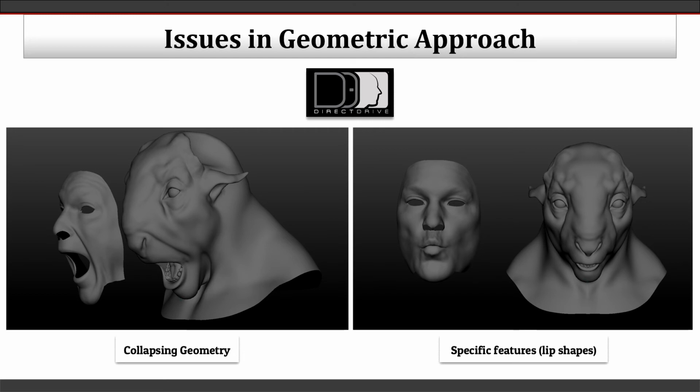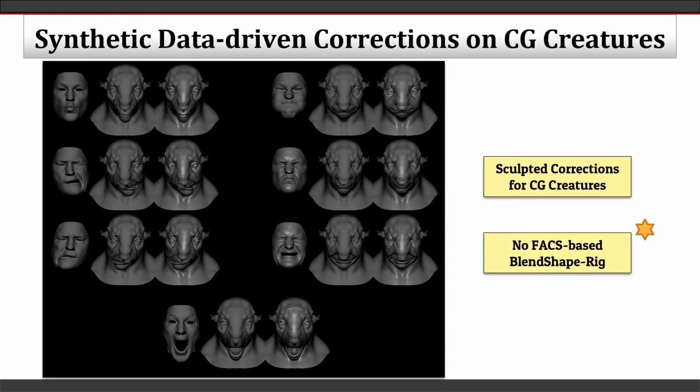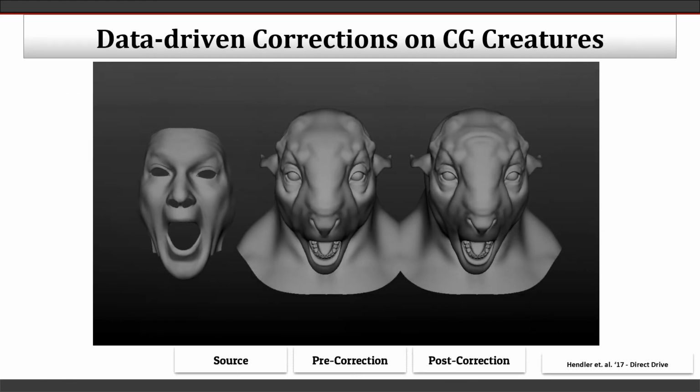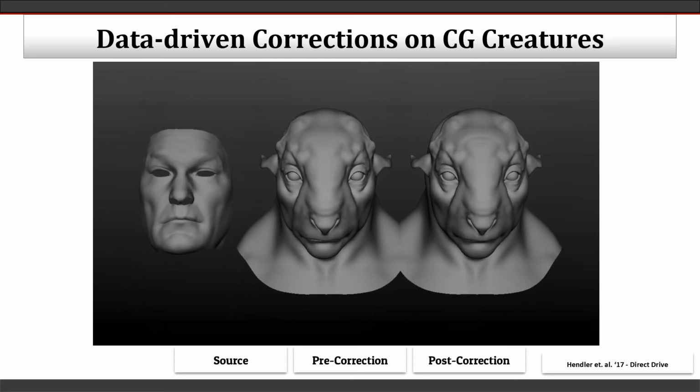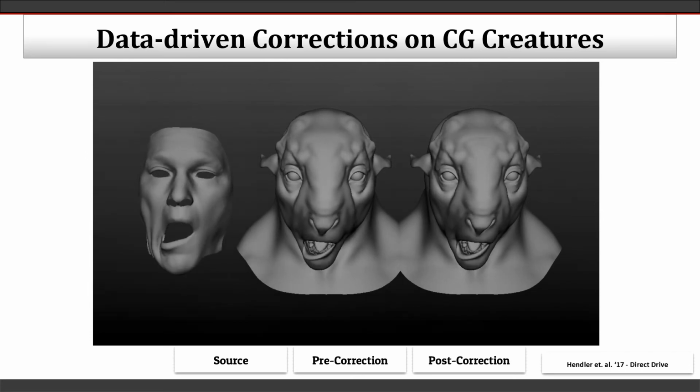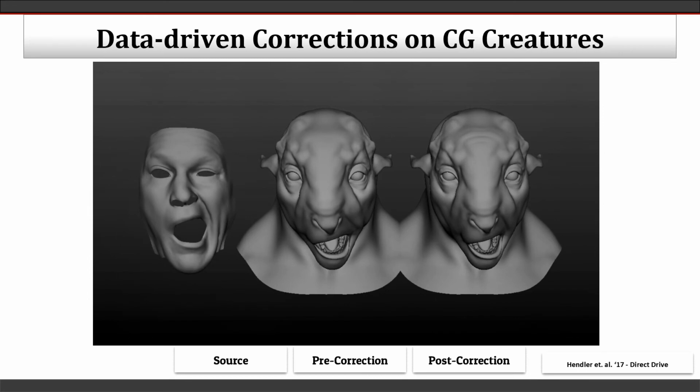Similarly to the actor's face, we create these synthetic data correctives, or corrective shapes, which would be used to build the same sort of shape space, but now for the CG creature. And once we run the geometric transfer through this data model, or the shape corrective model, we get that extra fidelity that we're looking for in CG creatures as well, to make them look more convincing and more appealing.